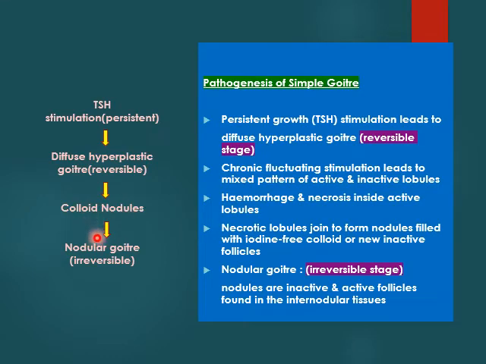These colloid nodules enlarge, and some of them become necrotic and join together to form multinodular goiter, which consists of active and inactive follicles. In fact, as time goes, more and more follicles become inactive, and this is an irreversible stage, which can be clearly seen on the next page.